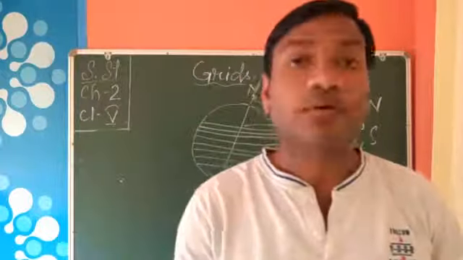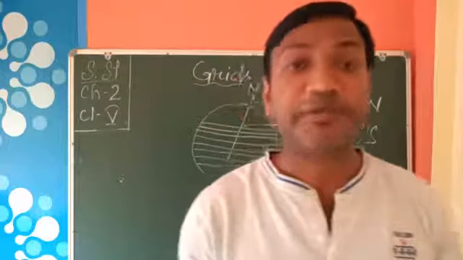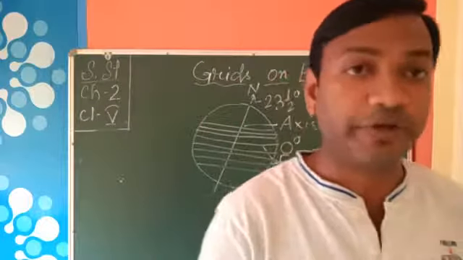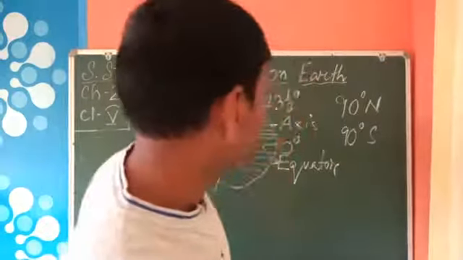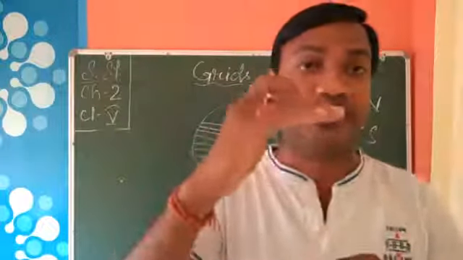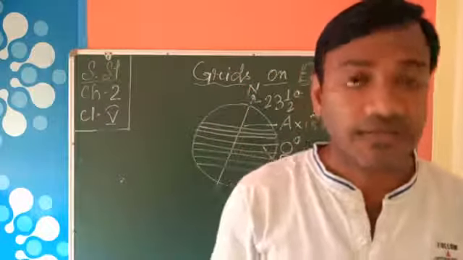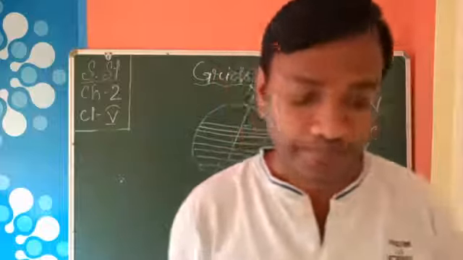Clear? These are called latitudes. The distance between latitudes is always equal. From one line to another line, one circle to another circle, the distance is the same.